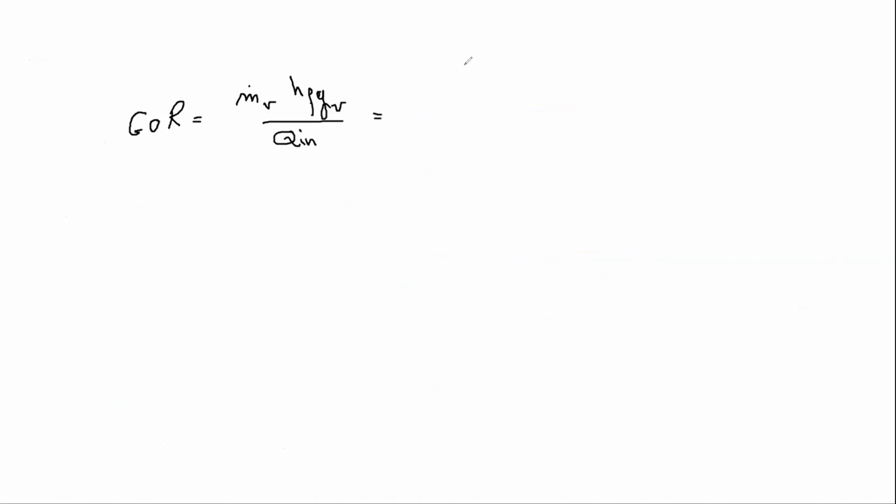In our case, what's Qin? What's the energy input to the system? Who can tell me? For the evaporator, where is the external energy coming to the system? Steam. Exactly, it's steam. So it should be m dot steam times HFG of steam. So this is basically the expression of the GOR for the system.